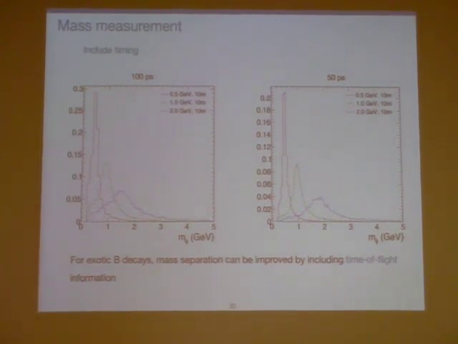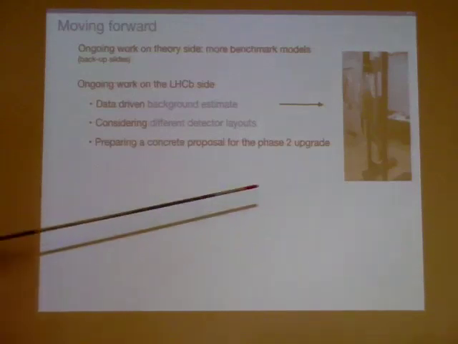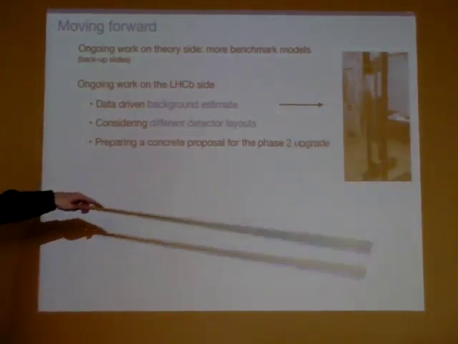All right, and then to wrap up, I'll tell you what is ongoing and how we're moving forward with this. We're working on more benchmarks, some of which are in the backup slides: heavy neutral leptons, axion-like particles, that kind of thing, that you can also see with this type of detector. That's on the theory side. On the experimental side, LHCb has installed, or will soon install, this thing here.